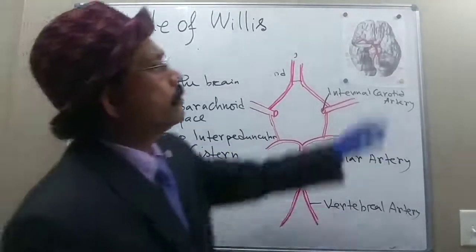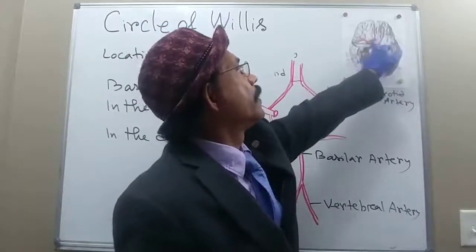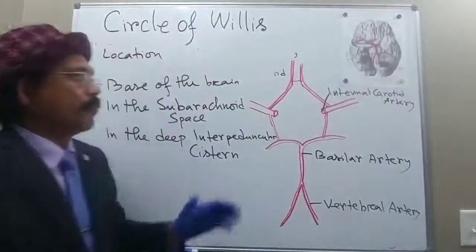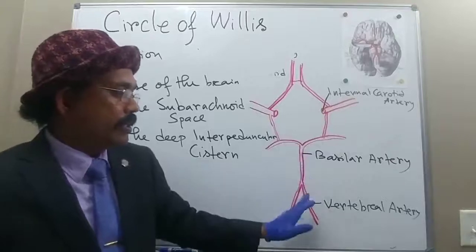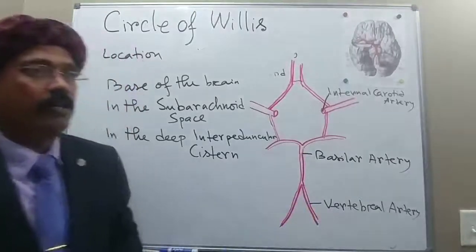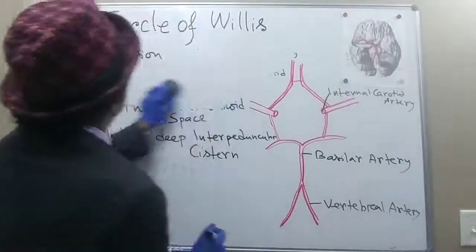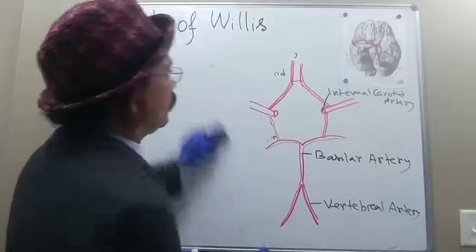We got the location. This is the circle of Willis here. It is at the base of the brain, and it is formed by the internal carotid artery and the basilar artery, which is formed by the vertebral arteries. We got the formation of the circle of Willis.